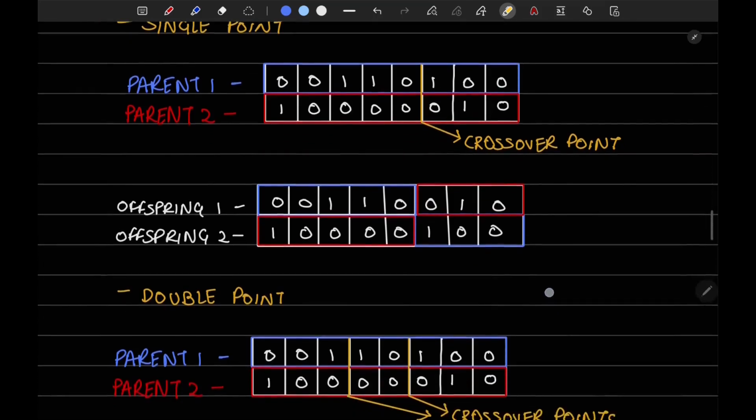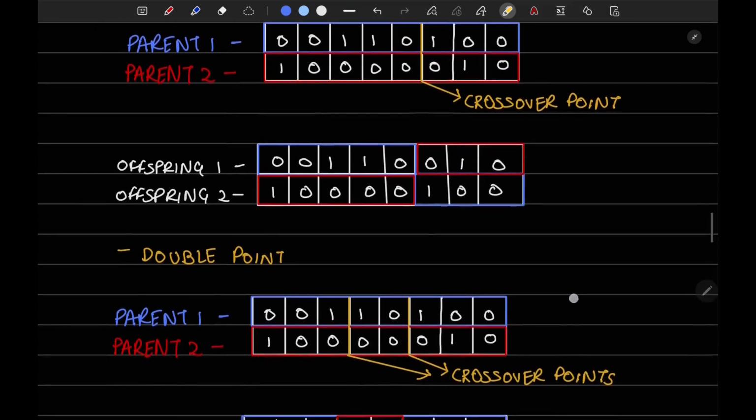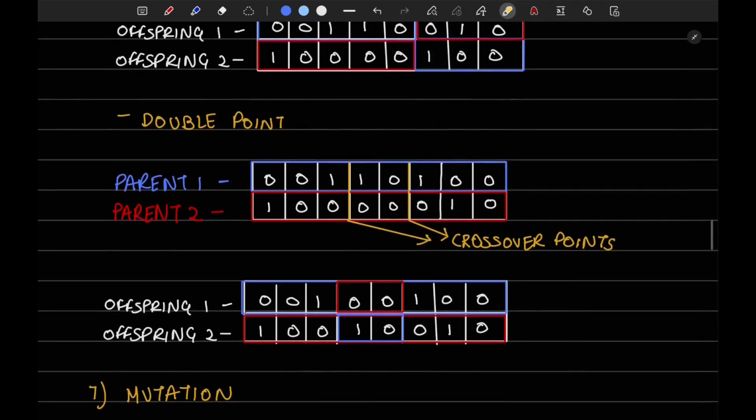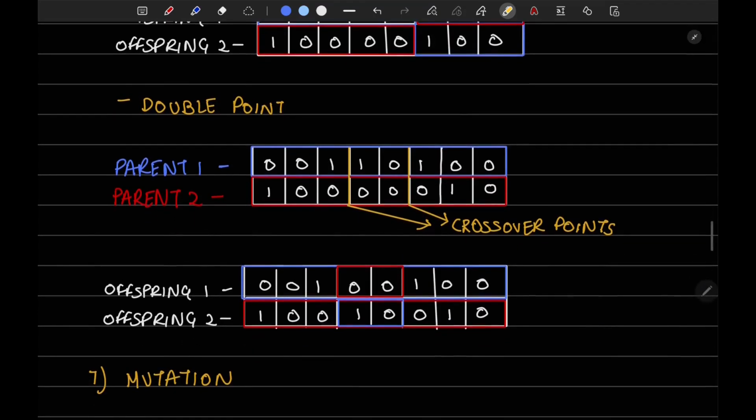Moving on to double point crossover. The only difference here is that instead of picking one crossover point, we pick 2 points, again randomly, and we just swap the section of the chromosome between these 2 points between the two parents.